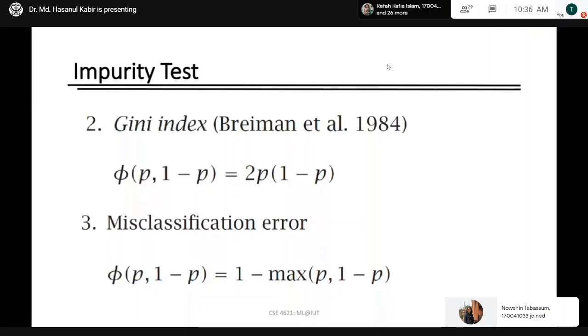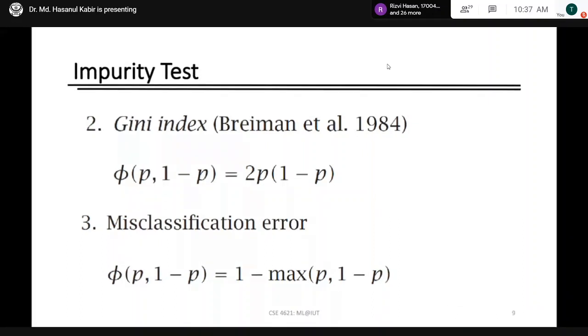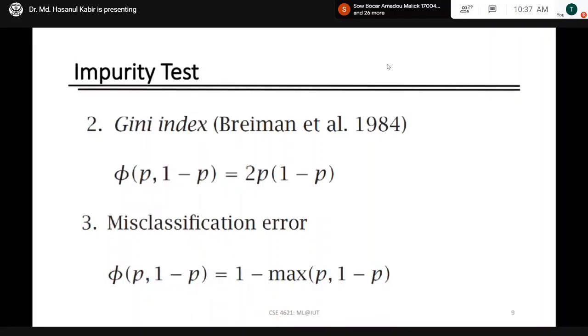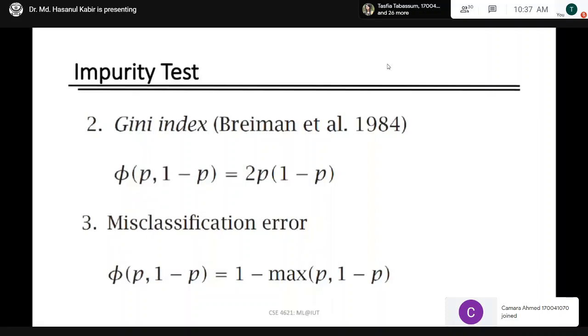Yes. How about the probability of class 2? It's 0. So what is the maximum value among them? It is 1. And if you take the misclassification error, what's the impurity value? The impurity value will be 0, right? Because all of them belong to one particular class. That means the sample set is pure. Can I say it like this? Yes or no?